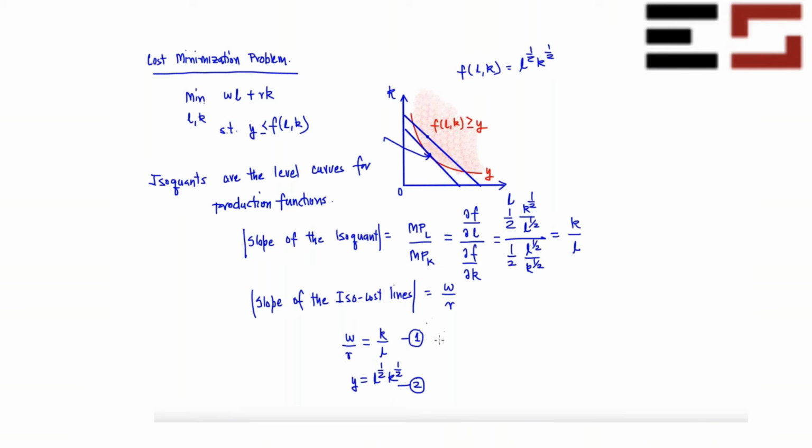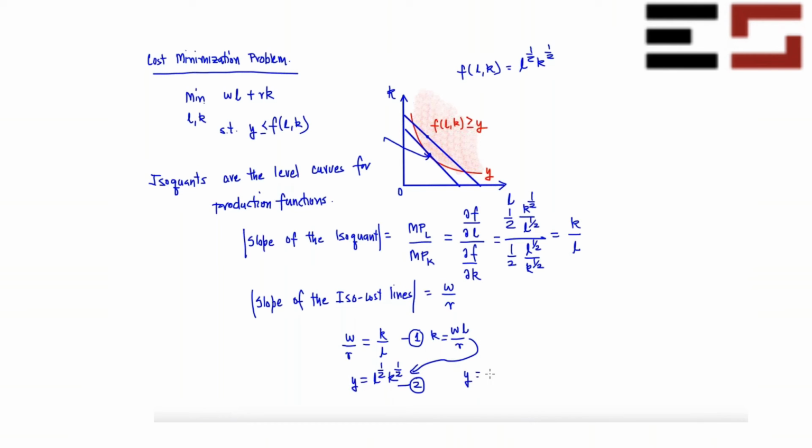So this gives WL by R is K, right? I can rewrite this as K is equal to WL by R and then plug it here.